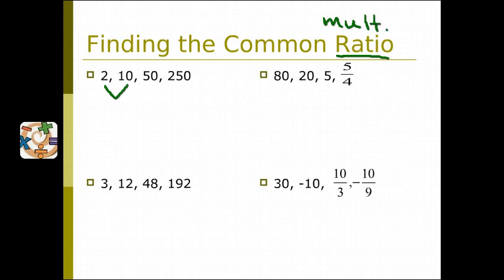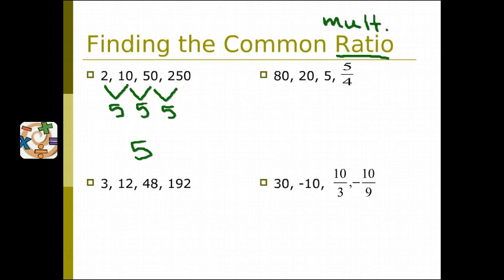So 2 times what gives you 10? 2 times 5. Well, if 5 is our common ratio, it would have to work for every number in the sequence. So 5 times 10 gives us 50, and 50 times 5 gives us 250. So our common ratio for the first example is 5.